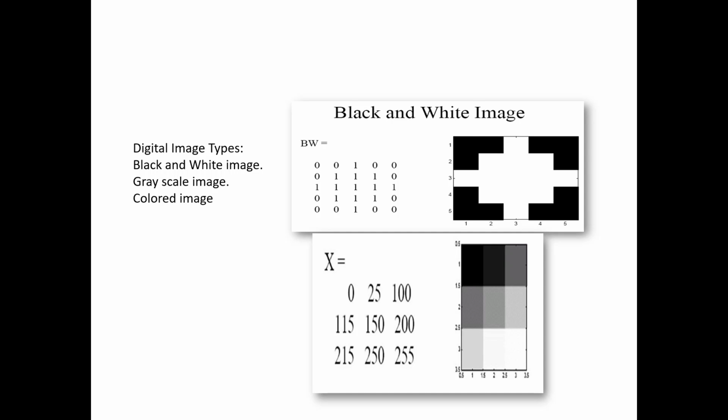Here I'm showing digital image types. I already covered that we have black and white images, grayscale images, and colored images. If we are talking about the black and white image, then there can be only two shades, either black or white.